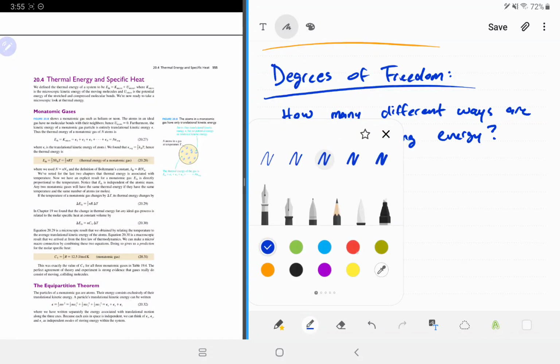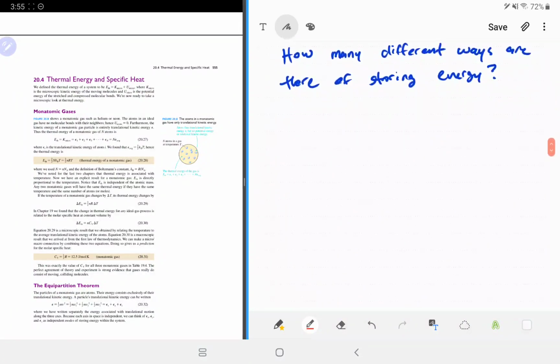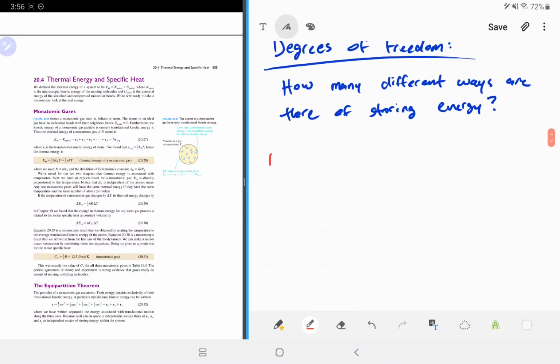The best way to talk more about this is to give two particular examples, the diatomic molecule and the monoatomic. So for a monoatomic, there are 3 dimensions of translational motion.